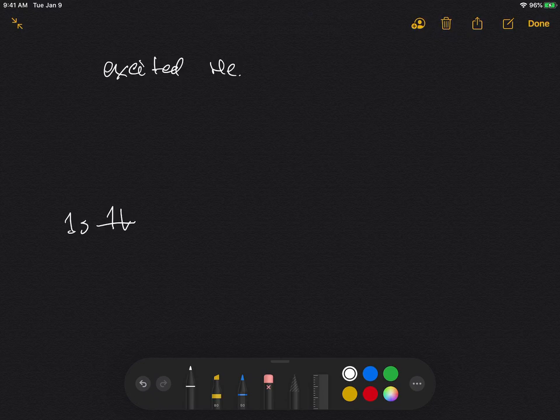Now we can imagine there's of course this empty 2s orbital. And we can imagine bringing in a photon, right, to promote one of the electrons from 1s to 2s, like so.